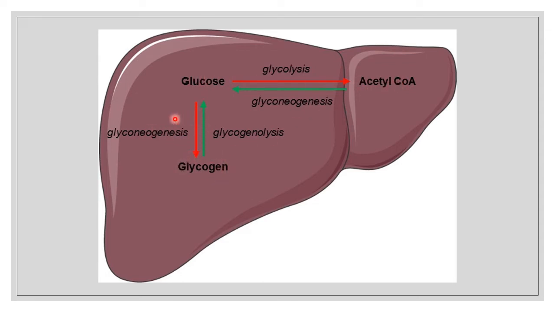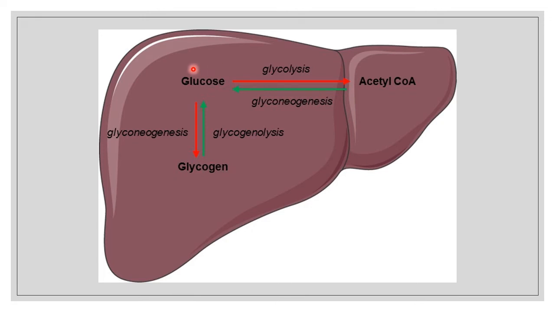We also have here the different metabolic pathways that involve the formation and the breakdown of our glucose and glycogen and acetyl coenzyme A. So the red arrows here represent the metabolic pathways that are inhibited by glucagon, while the green arrows here represent the metabolic pathways that are stimulated by glucagon.